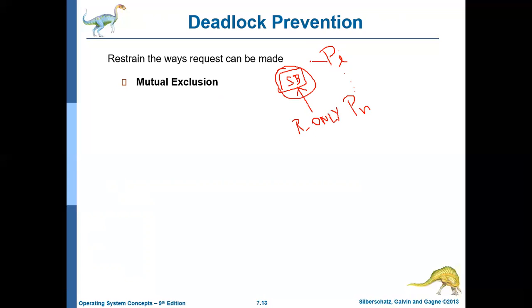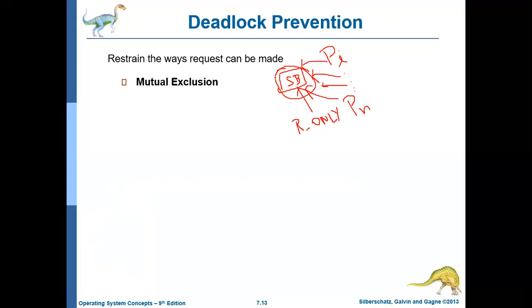Then you can allow all the processes to access the shared resource simultaneously, because it is a read-only resource and there is no possibility of tampering with the resource. So this is one of the ways mutual exclusion can be avoided. Because if mutual exclusion is avoided, then there is no deadlock.